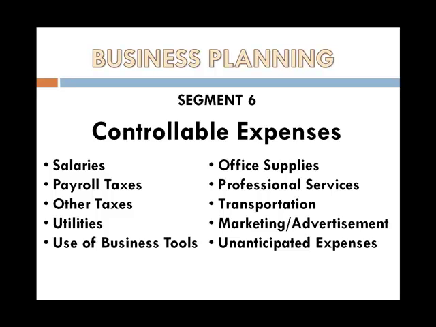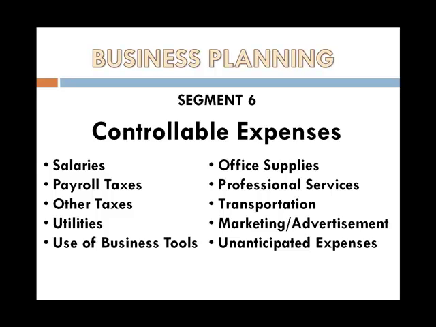Expenses can also include utilities, or the use of business tools such as telephones, faxes, internet, website fees, etc. Other controllable expenses can be office supplies, professional fees, transportation costs, and marketing and advertisement expenses. There are many controllable expenses that could also apply.